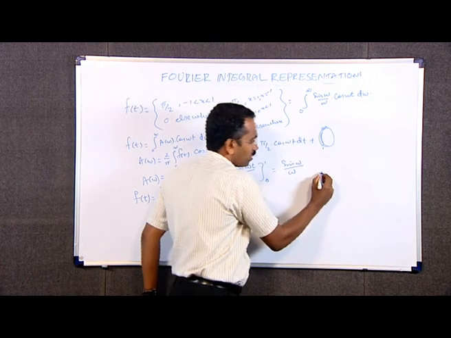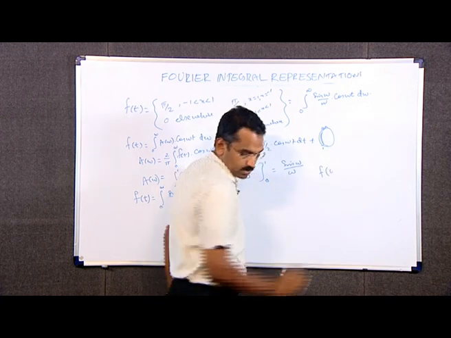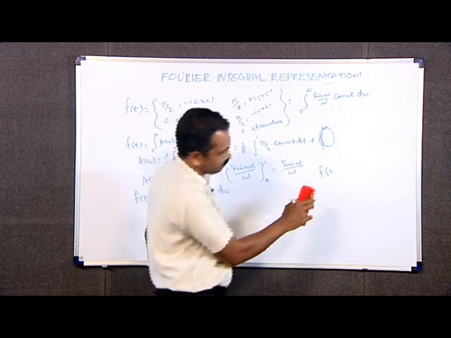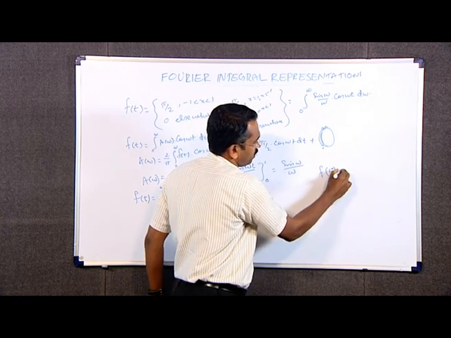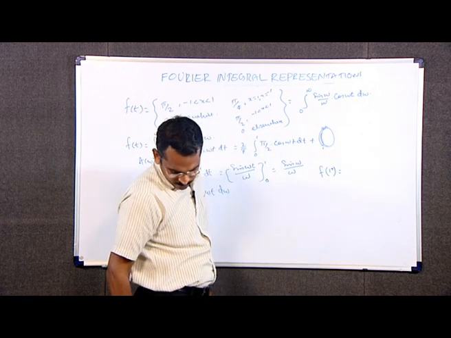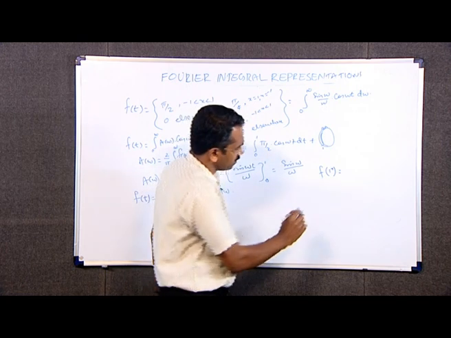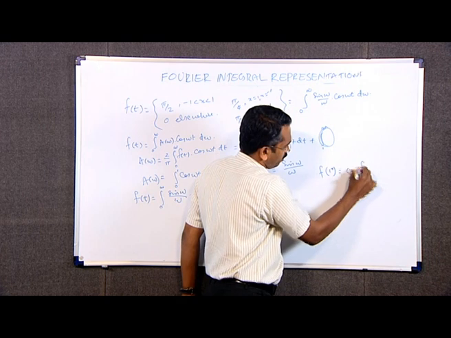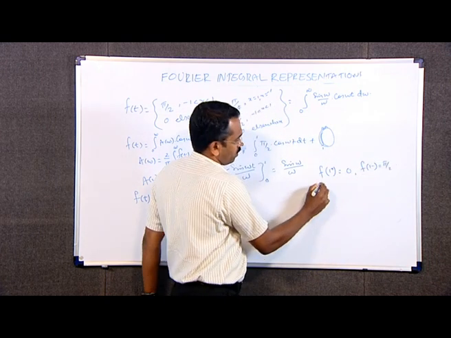At x equal to 1, the right hand limit f of 1 plus is equal to 0 and f of 1 minus is equal to pi by 2.